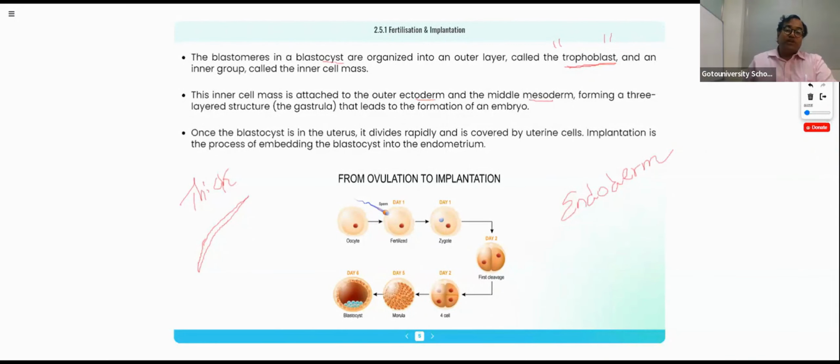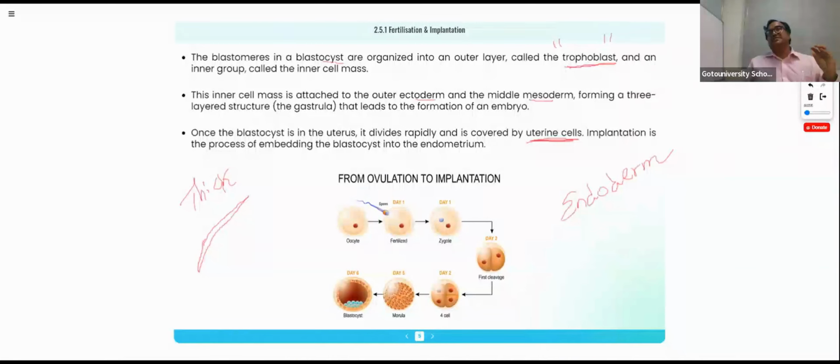Here we know very well the blastocyst in the uterus rapidly divides and is covered by uterine cells. These uterine cells are not existing in the uterus every time.